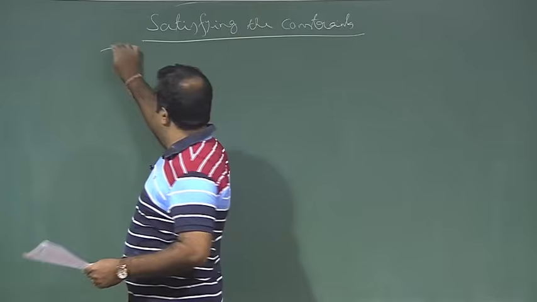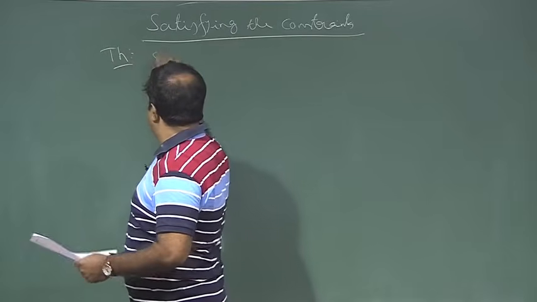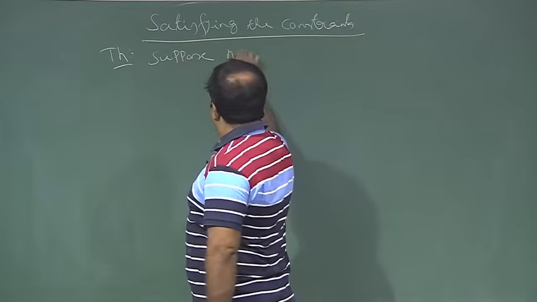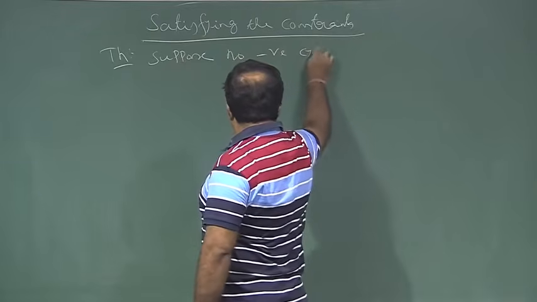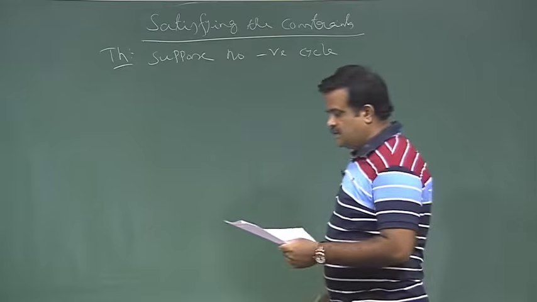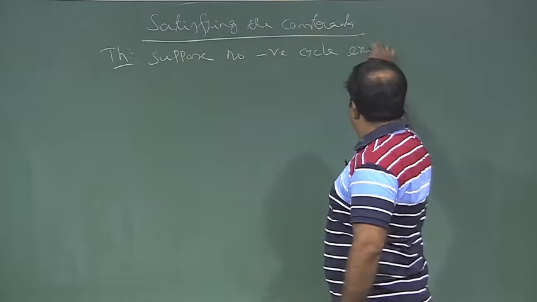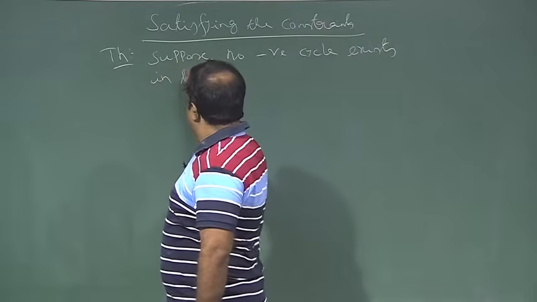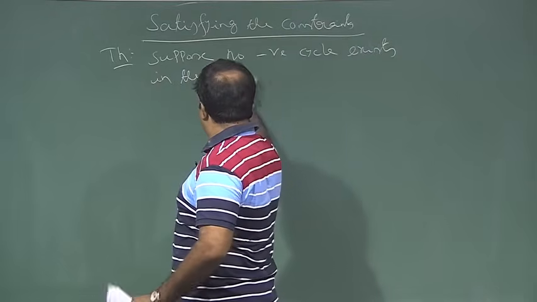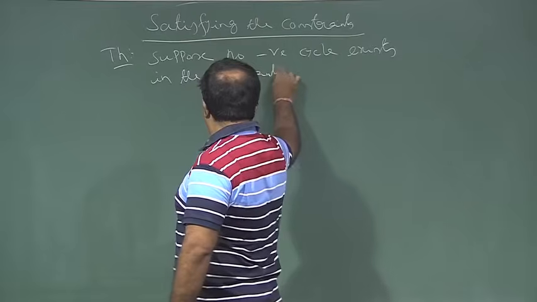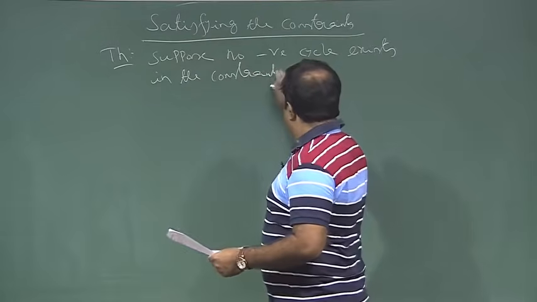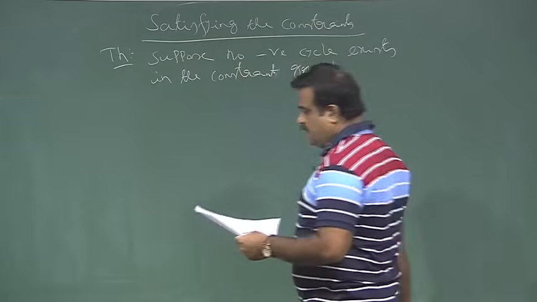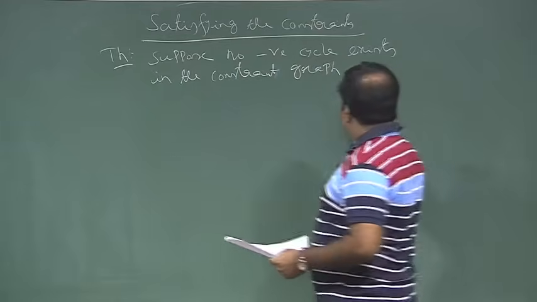This theorem is telling: suppose no negative cycle exists in the constraint graph, then the system is feasible.